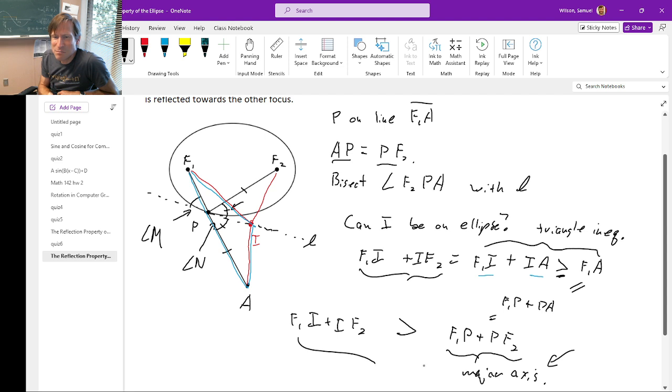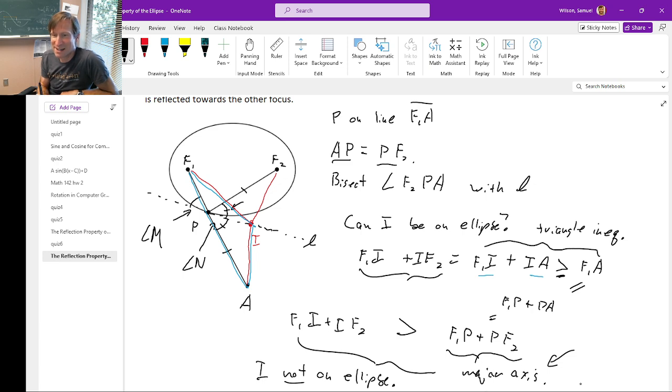But this means that I is not on the ellipse. Right? This means that the point I fails the characteristic test for being on the ellipse. The distance to the foci was supposed to add up to the length of the major axis, but it was too long. So that means that no other point on this line is on the ellipse except for P.